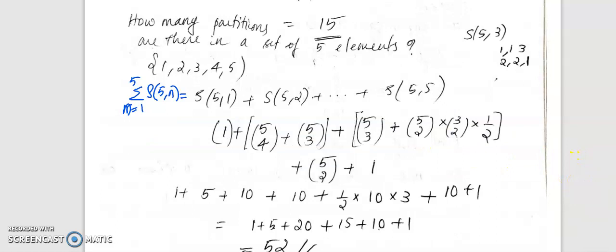You can use the standard values we have seen. S(5,1) will be 1. For S(5,2), you can either use the recurrence relations, the recurrence relation we proved earlier, S(R,n) is equal to S(R-1,n-1) plus n into S(R-1,n), or you can use that formula.